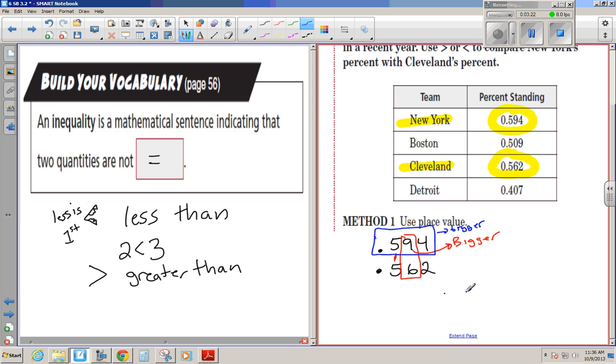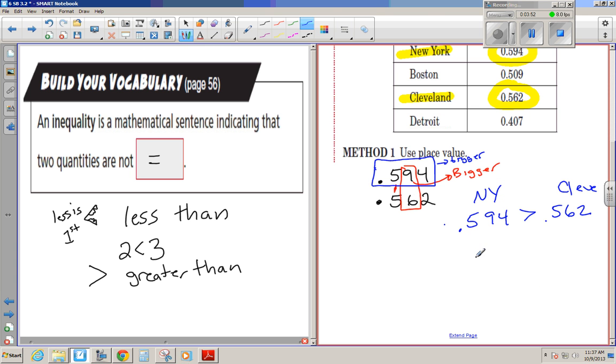So there are two ways you could write this. You could say 0.594, that's New York, and since it's bigger, you say greater than 0.562, which is Cleveland. So 0.594 is greater than 0.562.